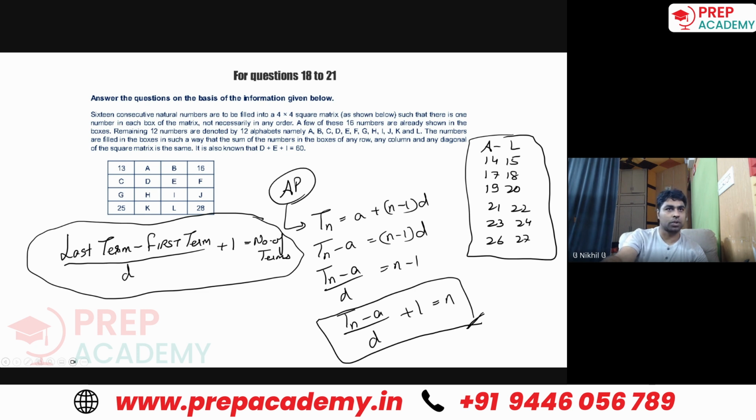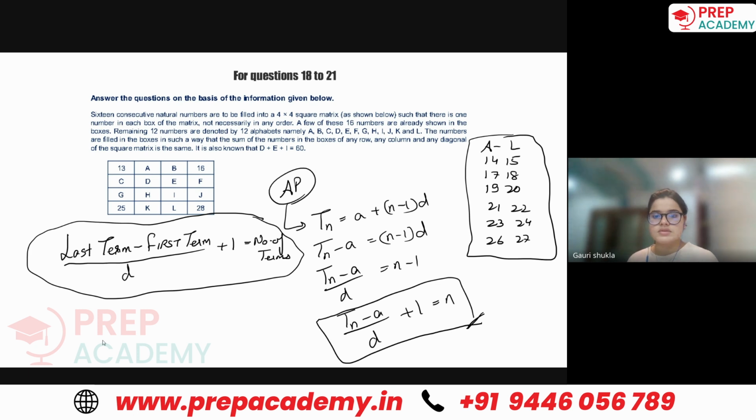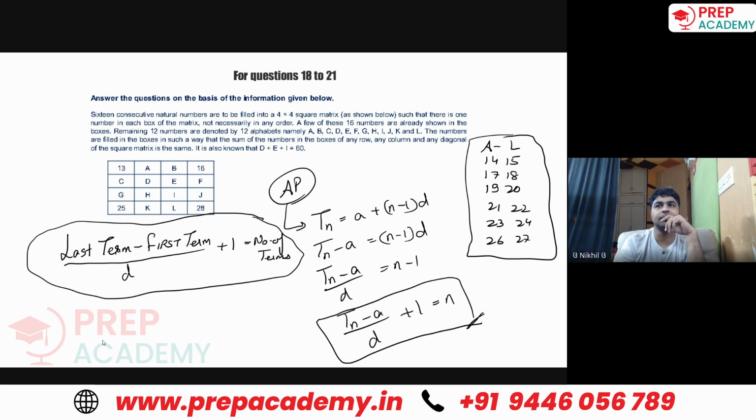Now we can make an equation from this: 13 plus A plus B plus 16 is equal to 16 plus E plus H plus 25. And also 25 plus K plus L plus 28 will be equal to the same. Just think about rows only, and then say what each row, each column, each diagonal would be equal to. Can you formulate that?